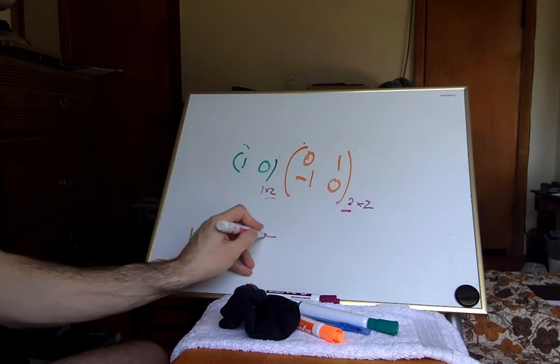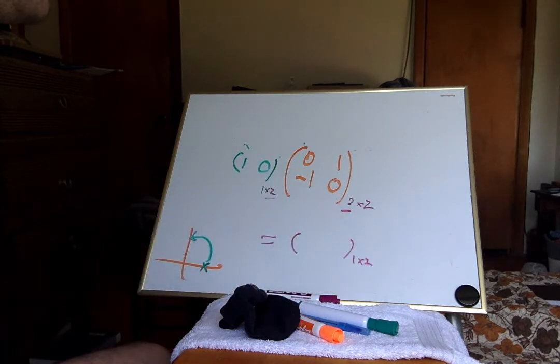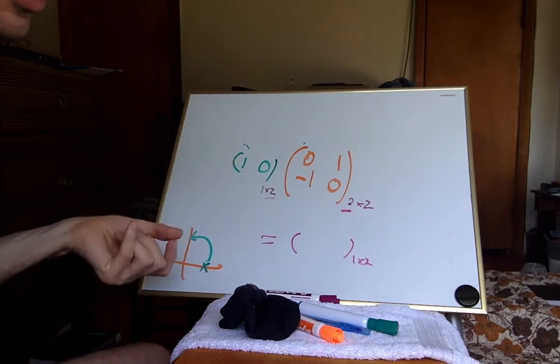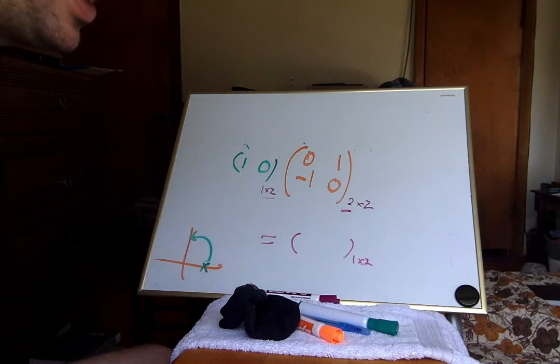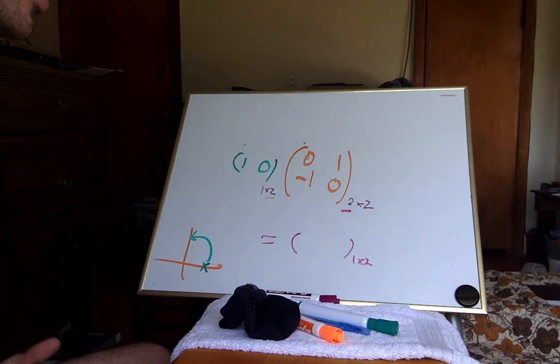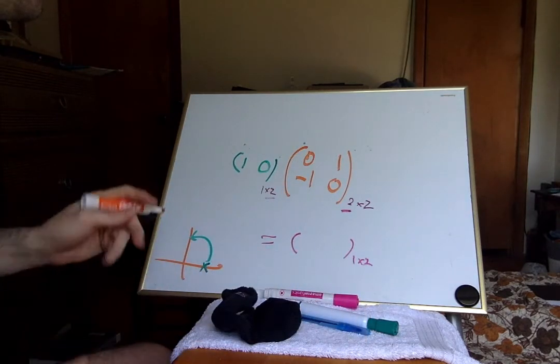It's 1, 2, right? So 1, 2. And of course, this is exactly what we would like, because if you have a single point and you spin it, it's still going to be a single point. And if it had an x component and a y component previously, then again, it should have one x and one y.